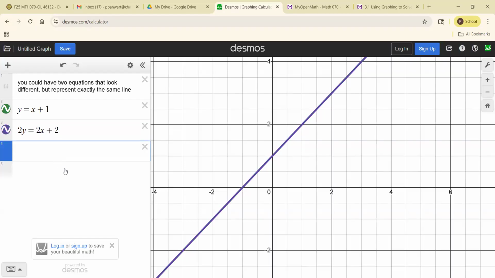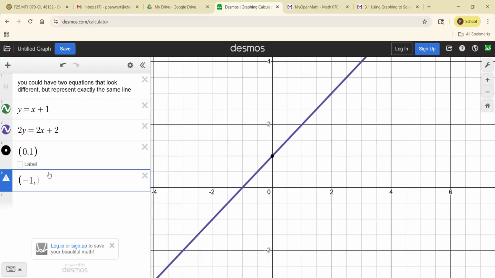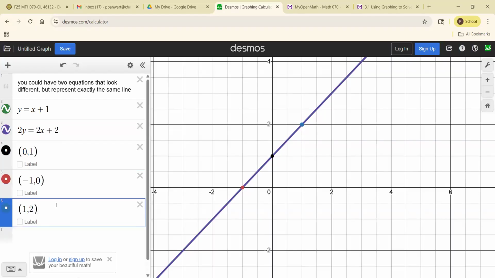What that means is the coordinate point 0, 1 not only solves the first equation, it also solves the second equation. But so does the point -1, 0. That solves both equations. And so does the point 1, 2. In fact, there's an infinite set of coordinate points that solves both equations at the same time.